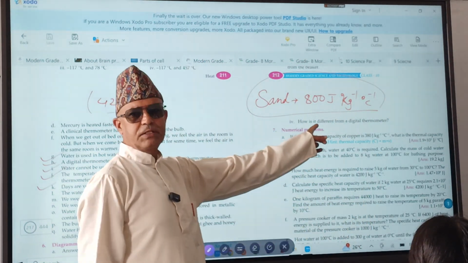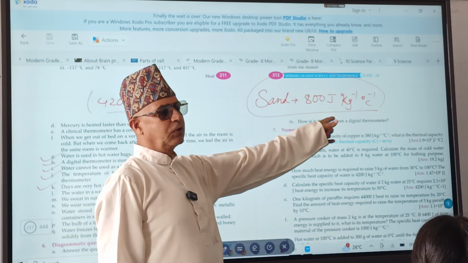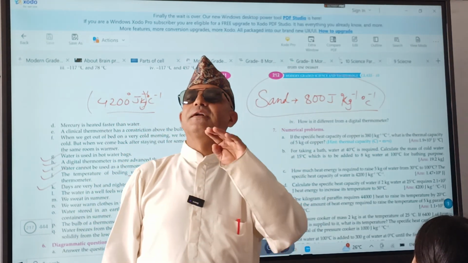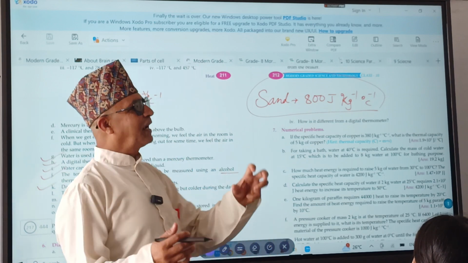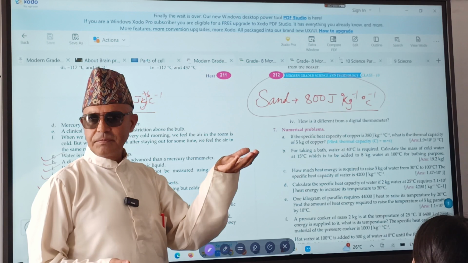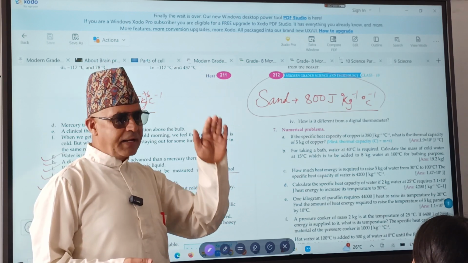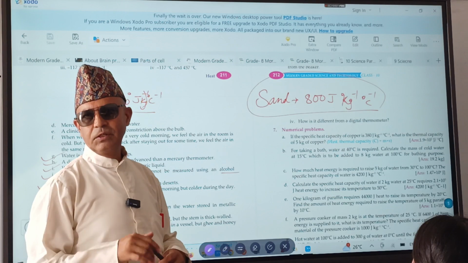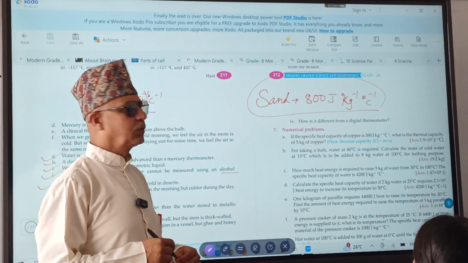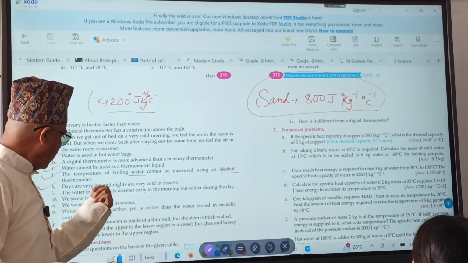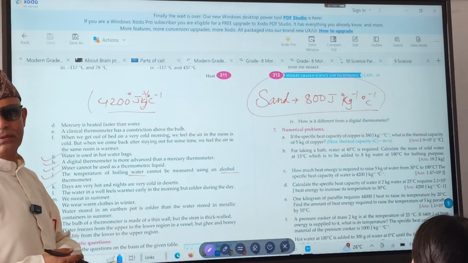What is the specific heat capacity of sand? 800 joules. So during the day, sand can absorb the heat and the temperature rises very fast. During night time, it loses the heat and the temperature falls down very quickly. It goes below zero also. That's why days are hot and nights are cold.